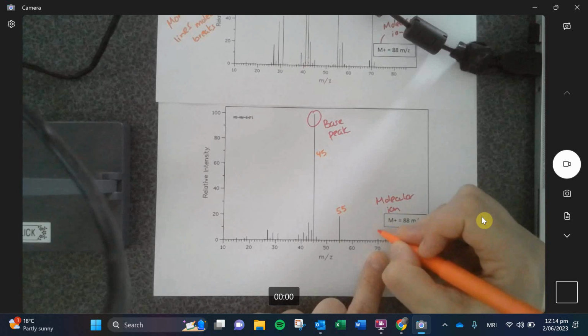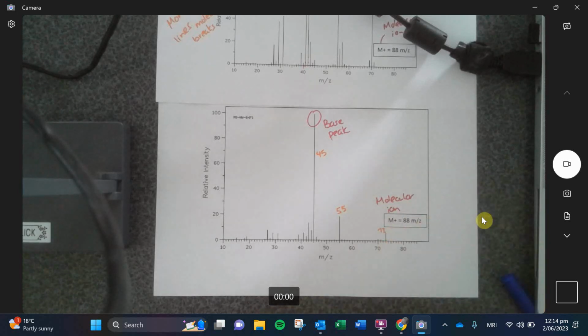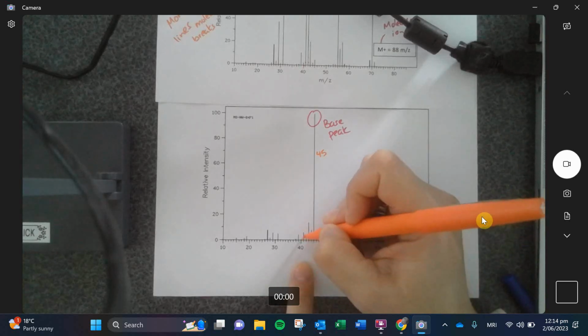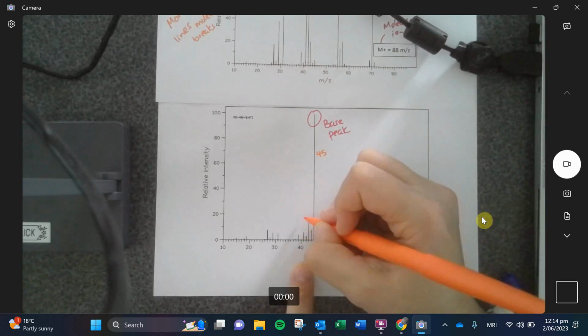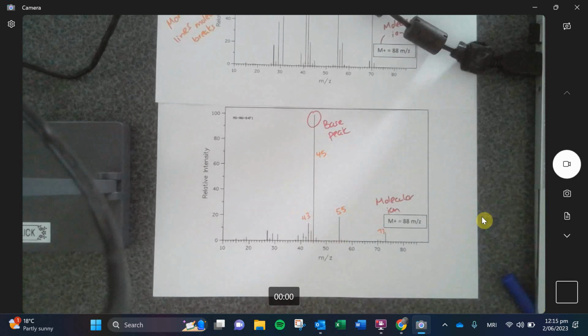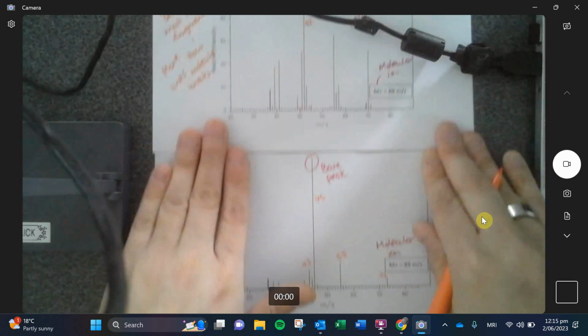I'm just having a look at what I see that's big and noticeable. So you see, I'm just going through and noting some more obvious peaks to see if I can use them to help me figure out what's going on with that molecule. So that's the bottom one.